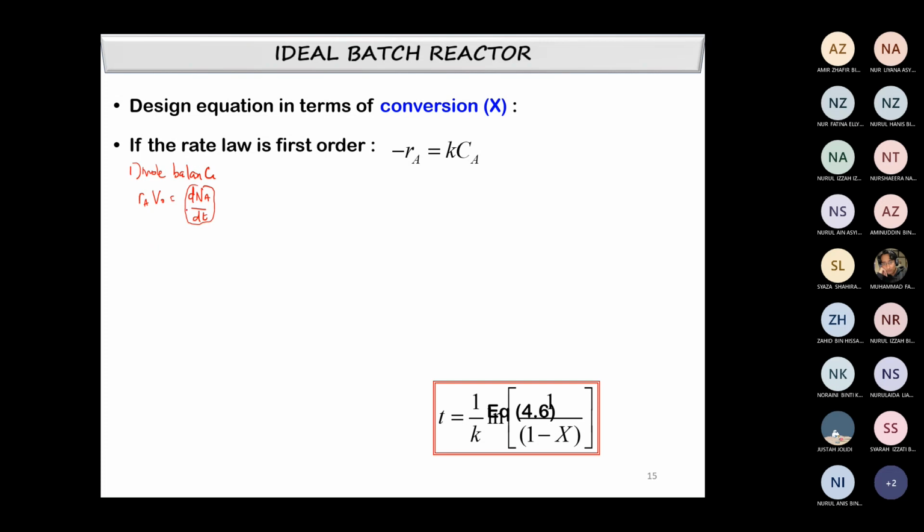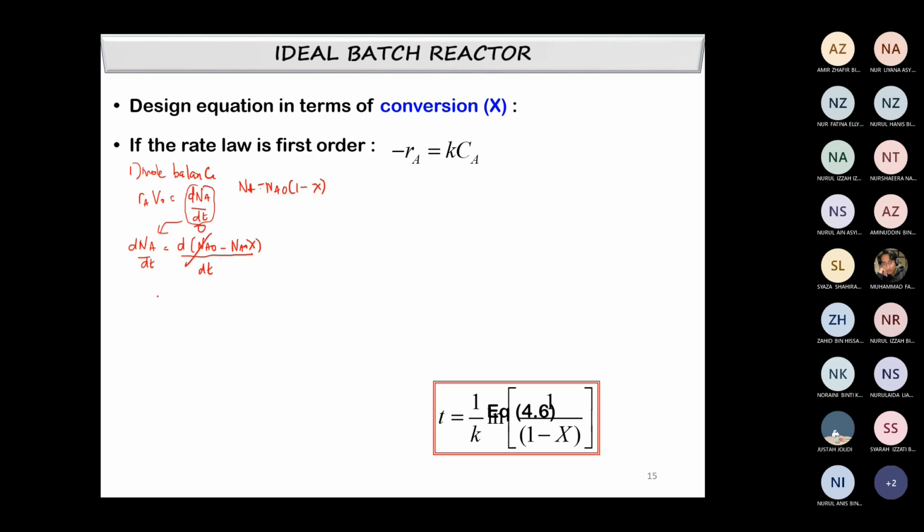So what is NA? Okay, we take it out. We have dNA over dt, where NA is NA0 minus NA0 X. Remember, NA is equal to NA0 times 1 minus X. So from there, the NA0 term differentiates to zero.